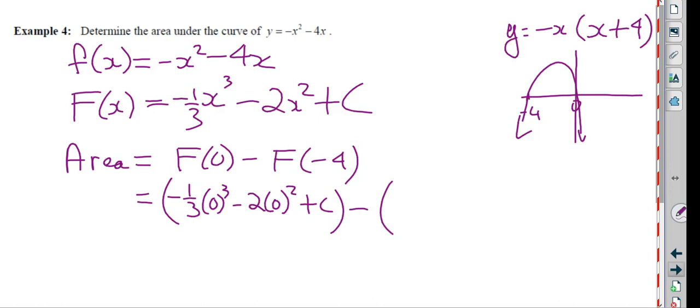Not for me, for marks. If you don't show the substitution, just get in the habit of always showing the substitution. It makes it easier when you're doing problems later on. You don't try and skip steps, okay? Which later on might cause more problems. So negative 4 cubed minus 2 times negative 4 squared plus c.